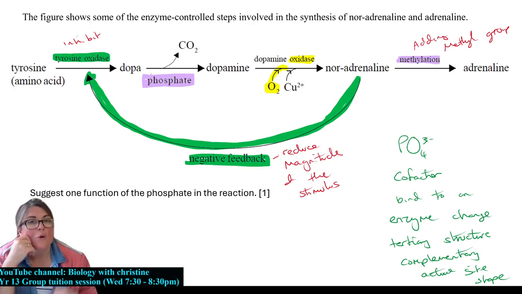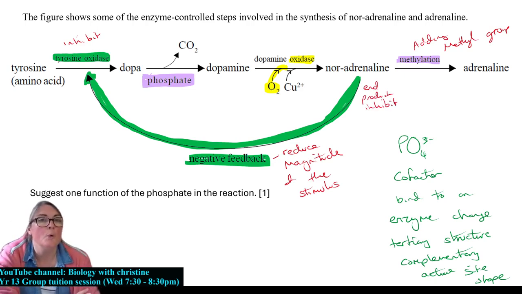And therefore, we could say that noradrenaline could be what's known as an end product inhibition. If there's too much of the noradrenaline, that therefore needs to slow down the production of the rest. So it's about where they could link things together and where they could push that knowledge when it comes to enzymes. So I just thought I'd jump on here, do a quick session on some application skills.